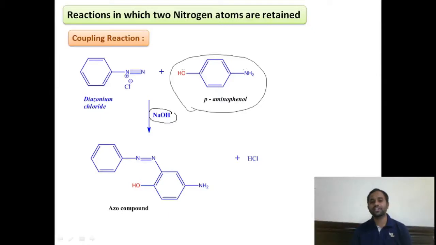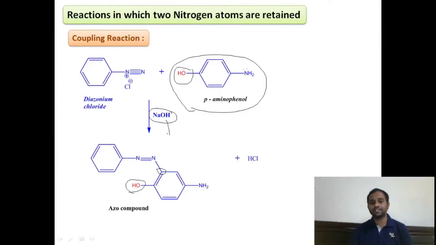Here the reaction condition is base, therefore the coupling takes place with respect to hydroxy group, right? That is, here the coupling takes place at ortho position to the hydroxy group, right?